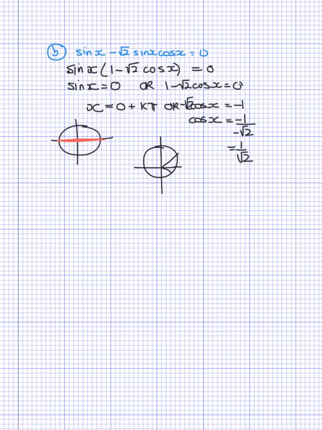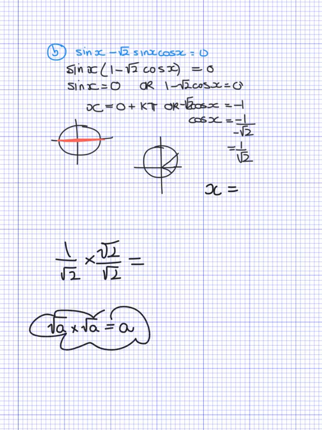And so if cos of x equals 1 over root 2, we can know, well, that if we look on our unit circle, we just have to remember that 1 over root 2, if we multiply that by root 2 on root 2, because root a times root a equals a, if you've done surds, you'll remember that, then root 2 times root 2, those denominators multiplying together actually equals 2.